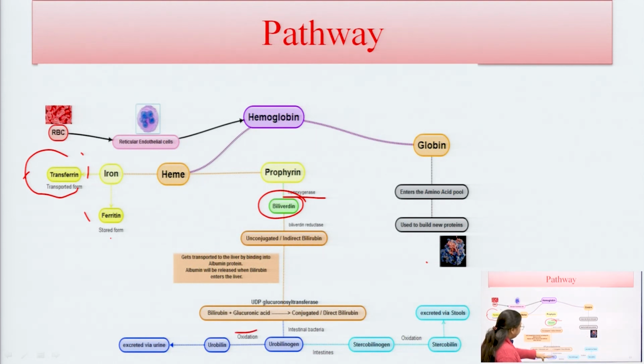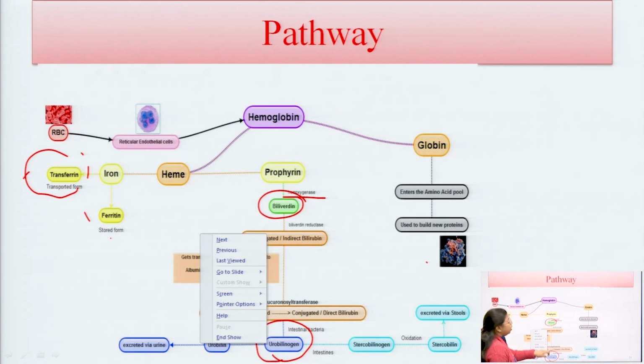This forms different bile pigments such as bilirubin and urobilirubin, which are excreted from the body by stool or urine.